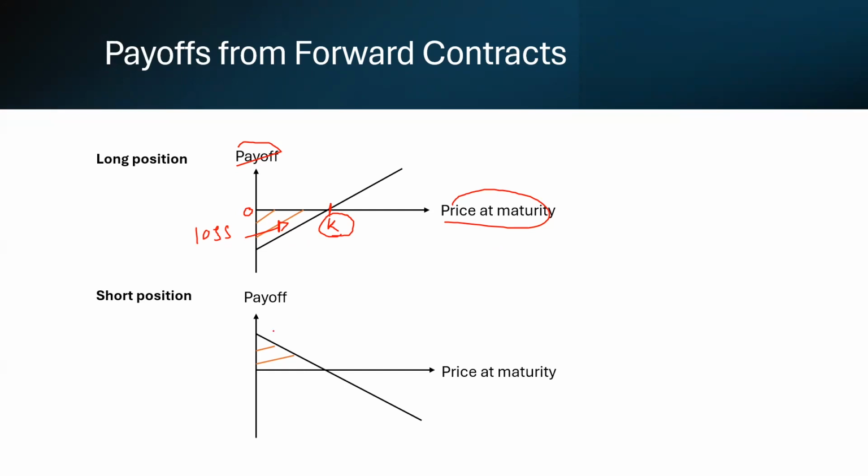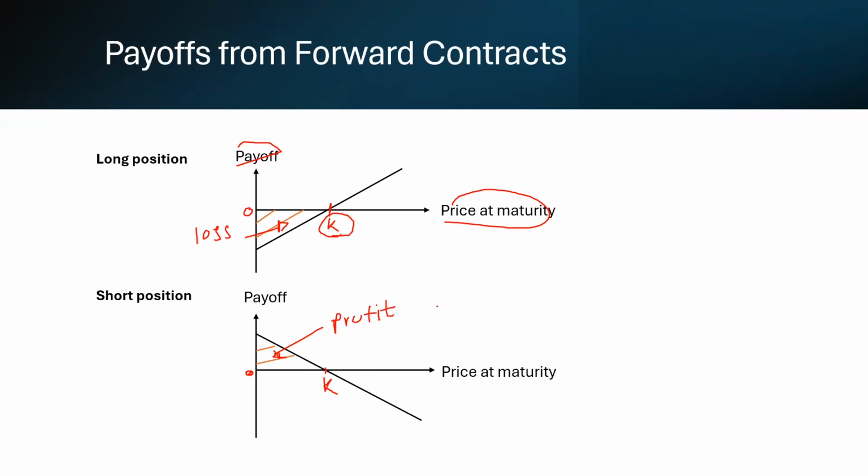And in this situation, when it comes to the short position, if this is the strike price or the price that you agree to sell in the future, you are selling at a high price an asset having a 0 value, which means this part over here represents a profit, right?